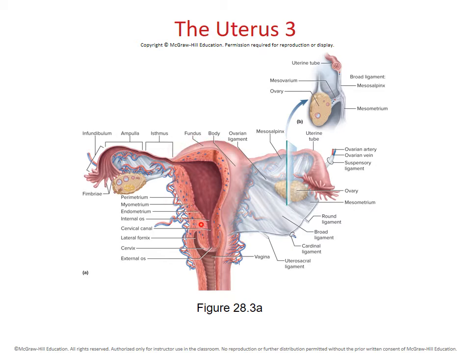The majority of the uterine wall is called myometrium, and that consists of smooth muscle tissue. And then the inner lining of the uterus is called the endometrium, and the endometrium is going to be the most important part that's involved in nourishing and implanting a zygote, and then nourishing the developing embryo/fetus. The myometrium, of course, is most important during labor and delivery.